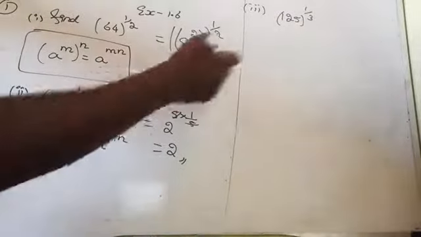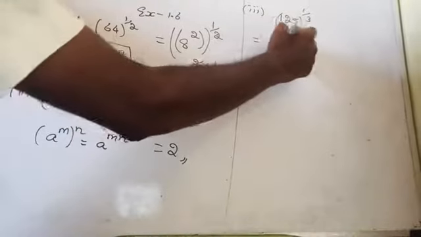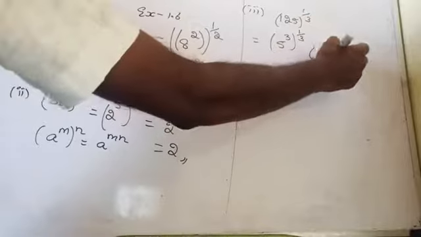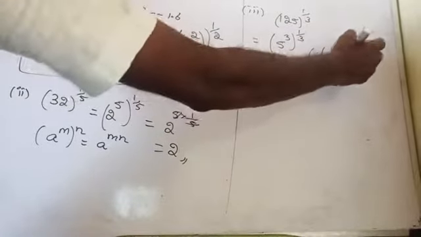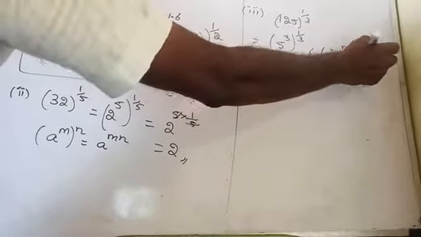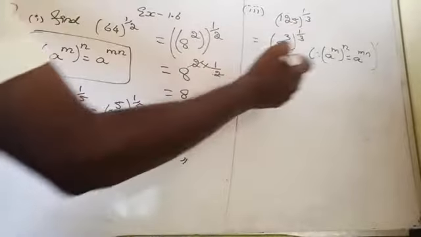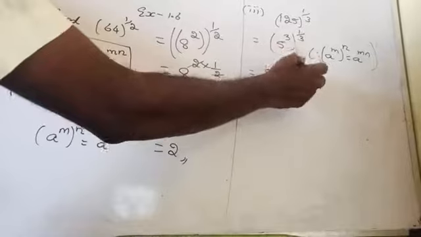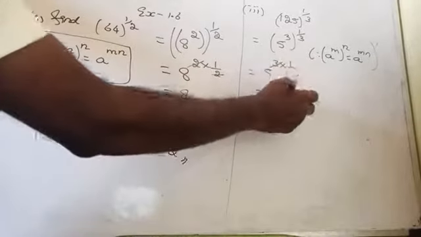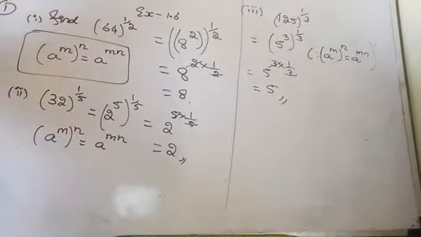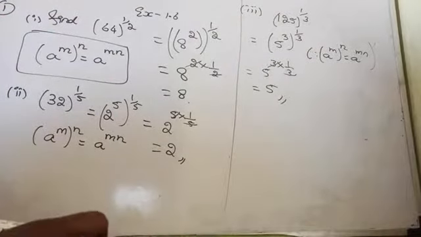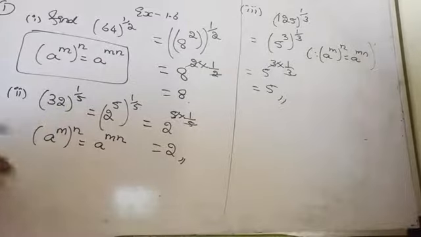So 125 can be written as 5 to the power 3 the whole power 1 by 3. Since a power m the whole power n is a to the power mn, 5 power 3 into 1 by 3 can be written as 5. Am I right? Yes. So now we completed the first question. Shall we move to the next part?